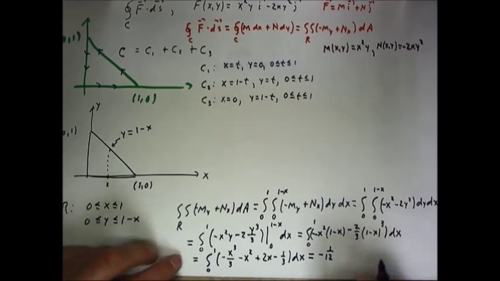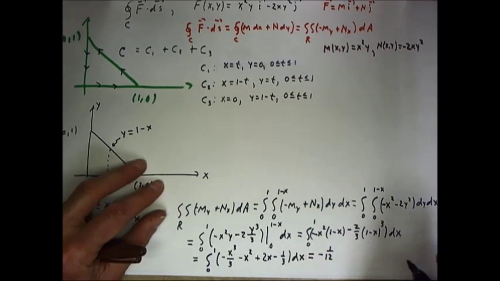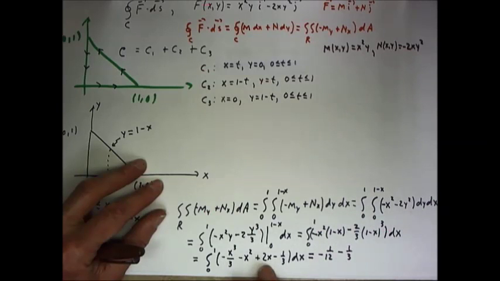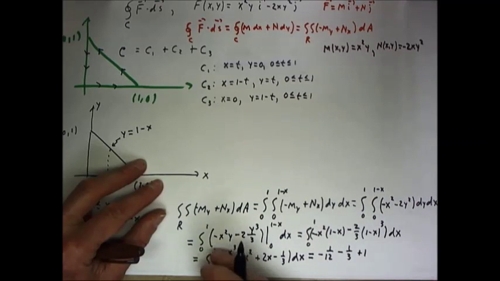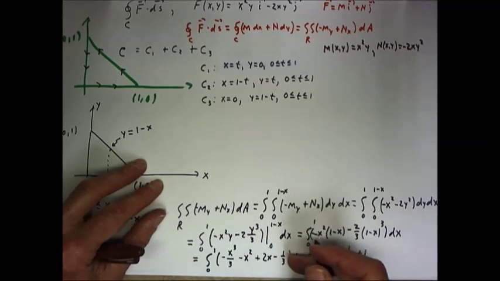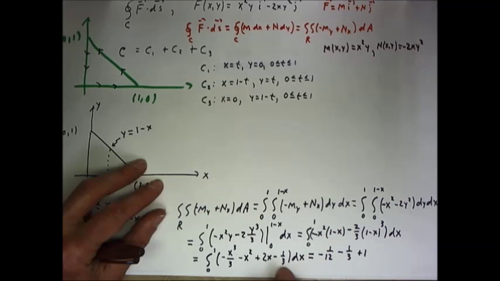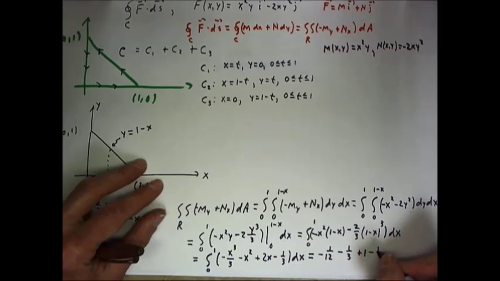So you can fill in those steps. The negative x squared is going to give you negative x cubed over 3, and that's going to give you a negative 1/3. Antiderivative of 2x is just x squared, which is going to give you plus 1 when you evaluate it at the limits. And negative 1/3 is going to integrate to negative 1/3 x, which between the limits is going to give you negative 1/3.